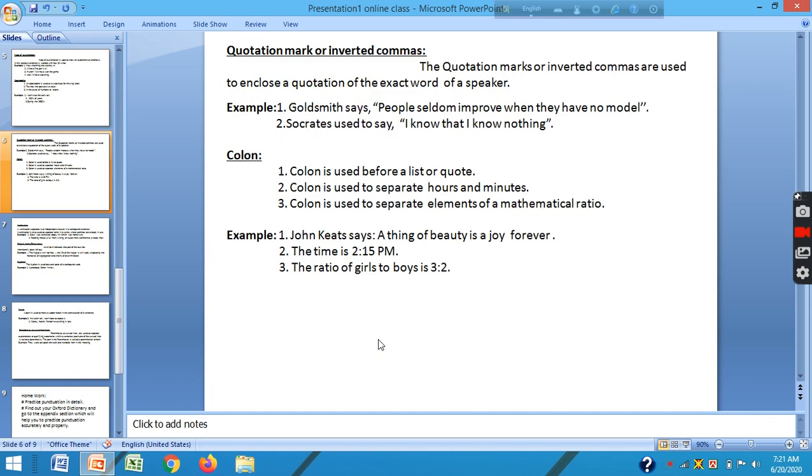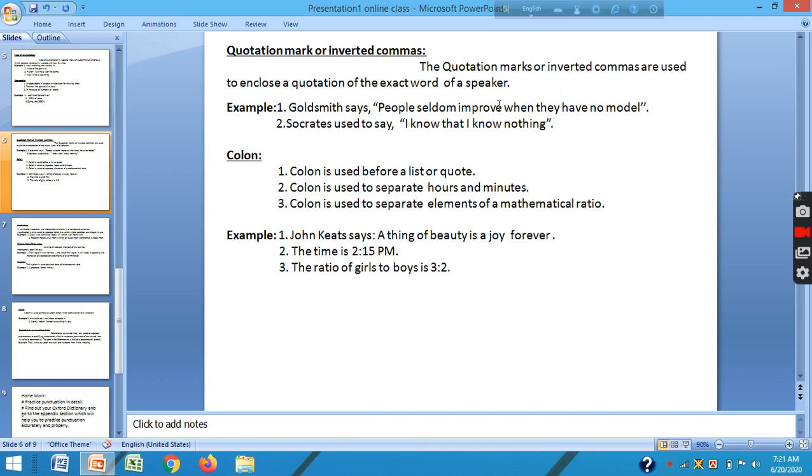Quotation marks or inverted commas. Quotation marks or inverted commas are used to enclose a quotation of the exact words of a speaker. For example, Goldsmith says, "People seldom improve when they have no model."